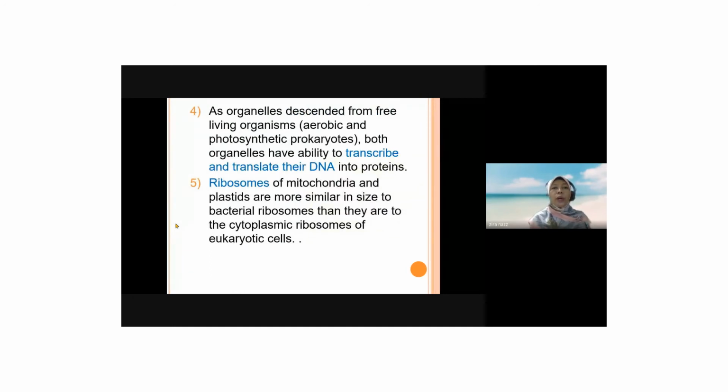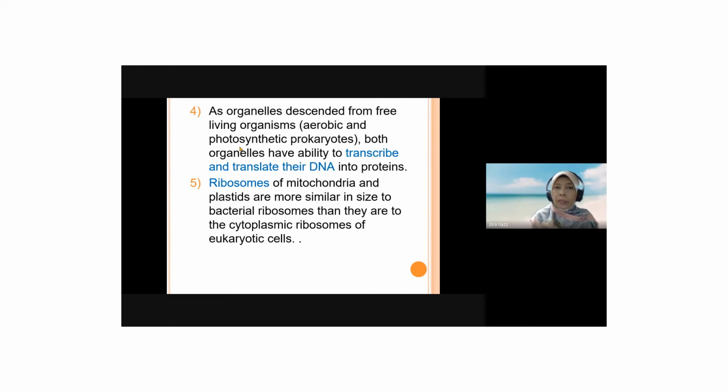And the fourth one, as organelles descended from free-living organisms, aerobic and photosynthetic prokaryotes, both organelles have the ability to transcribe and translate their DNA into proteins. So the fourth one, you can say transcription and translation can occur. Transcription is from DNA, okay, DNA is changed into mRNA, and that process is known as transcription.